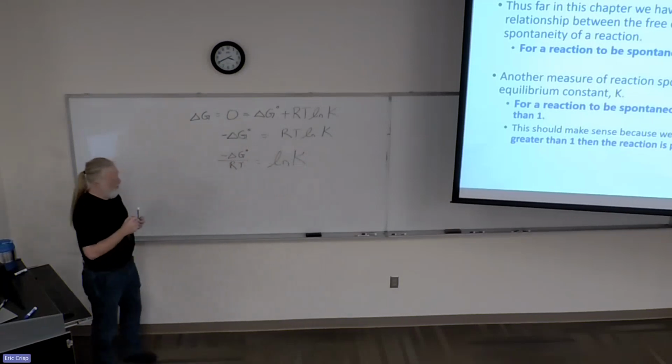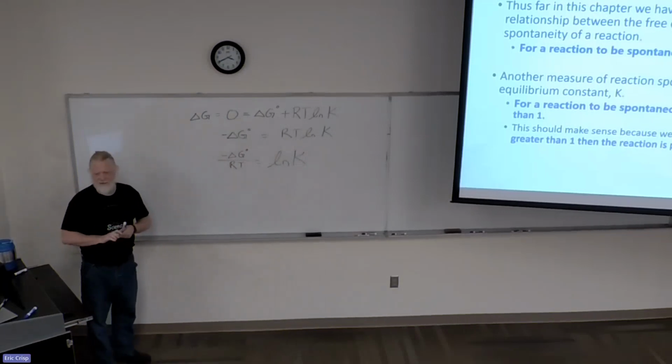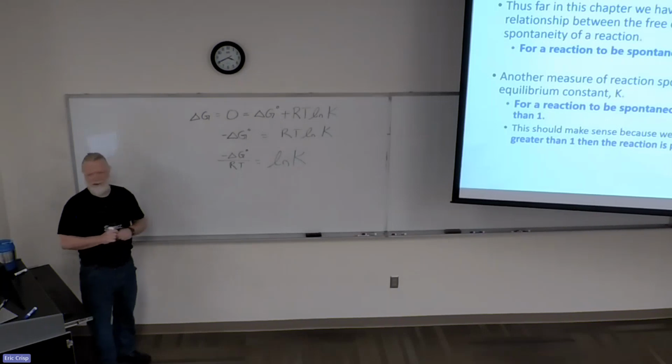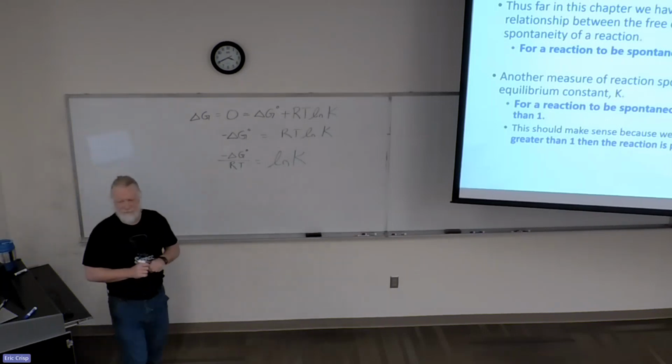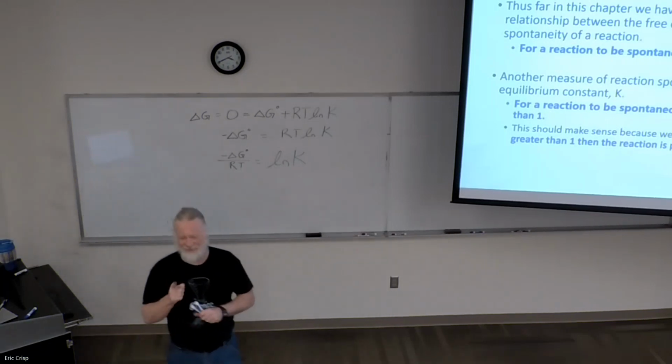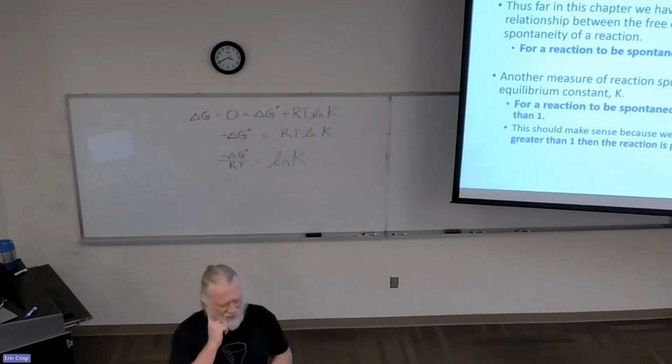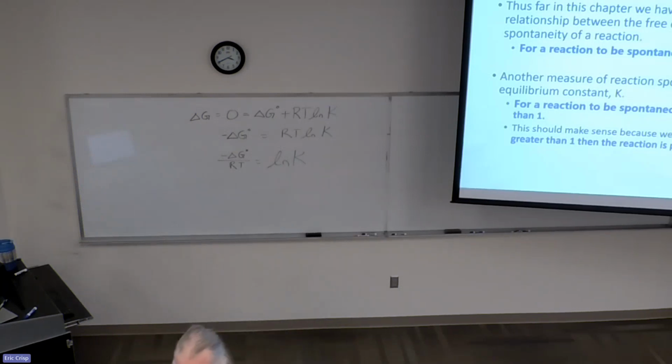Sydney, I don't want ln K. I just want K. How do I get K? How do I unlog something? Raise something to a power. Oh, wait, this one's not log base 10 like our pH was. This is ln. What does that mean?